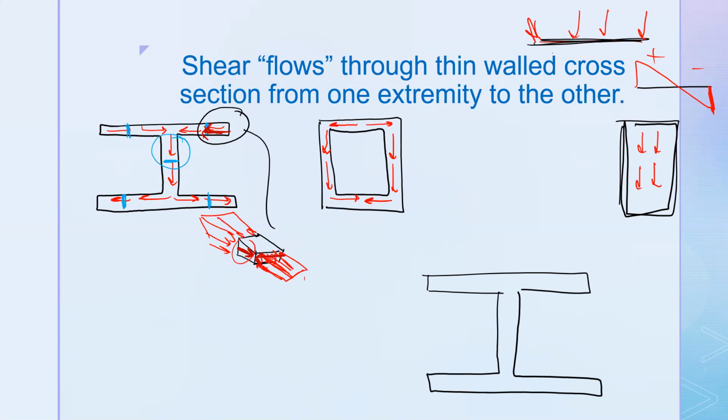If you think about how we calculate this, remember q is negative VQ over I. V is not changing, right? V is constant on the cross section. I is not changing, but Q is changing. So Q is y-bar prime times A prime.